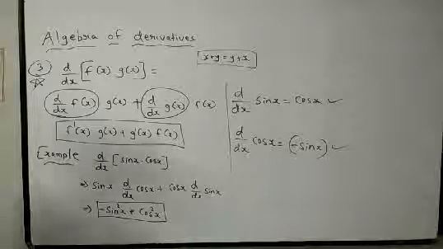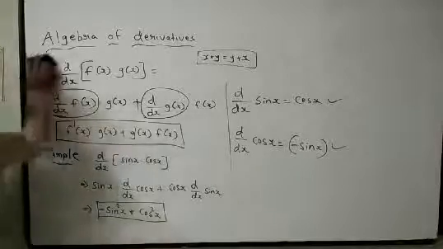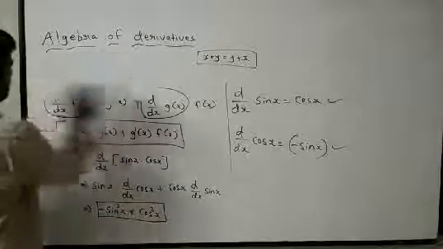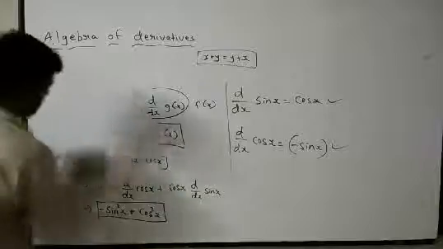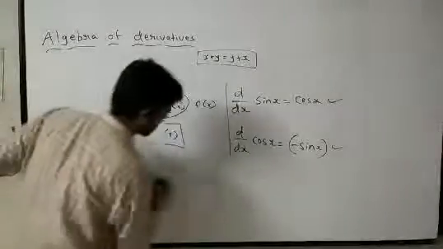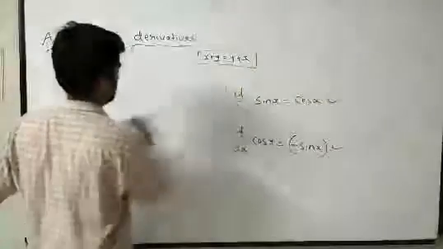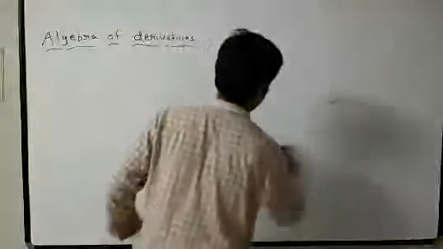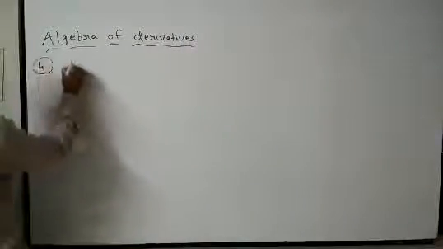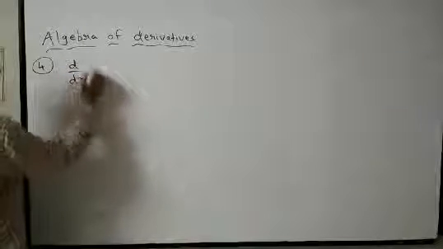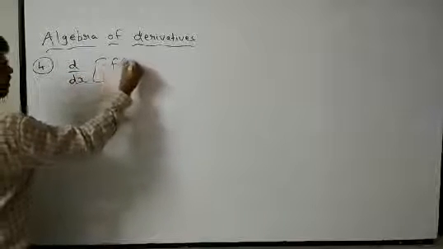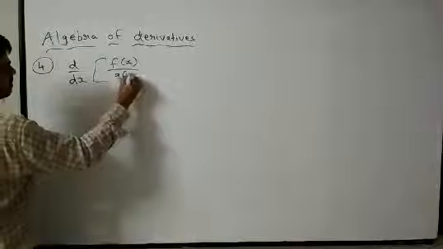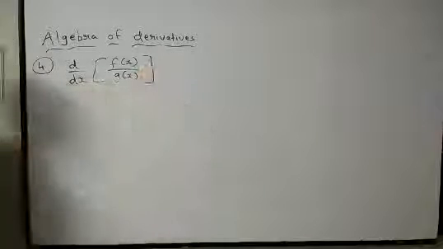Now the fourth one we are doing, that is d by dx of f of x by g of x.